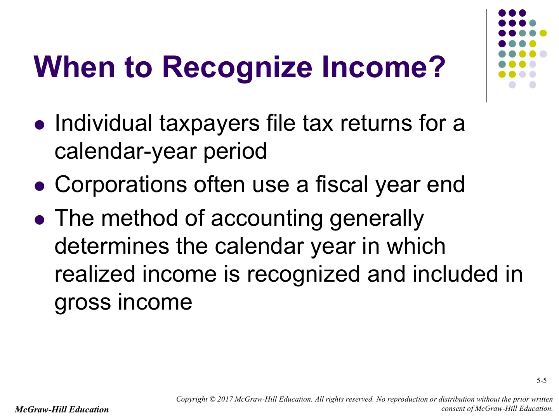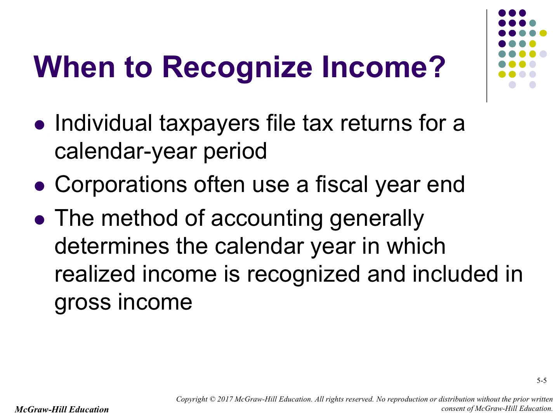All right, so in general, when do you recognize income? Well, individual taxpayers, we file returns for a calendar year period, okay? Corporations, their fiscal year can end a variety of times. Lots of corporations are calendar year corporations, but your retail companies, for example, are going to have year ends in February because that whole Christmas season is their busy time, right?